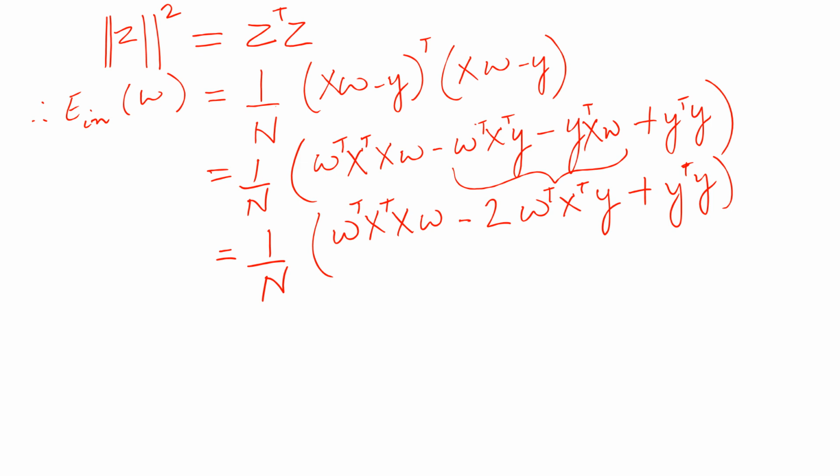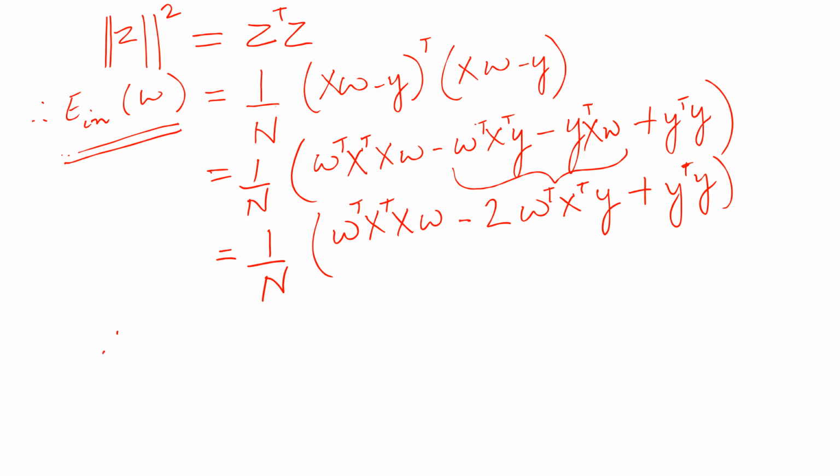So the only thing that is varying here are the weights. The rest of the things, like the x and the y, will be given to us. And so our knowledge of calculus tells us that in order to get the weights for the minimum E in, one way is to take the derivative and set it to 0. That's a very well-known way of getting the minimum values. Now, in a one or two-dimensional function, it's easier to get such a value, but in our case it's a vector, so we have to use rules from vector calculus.